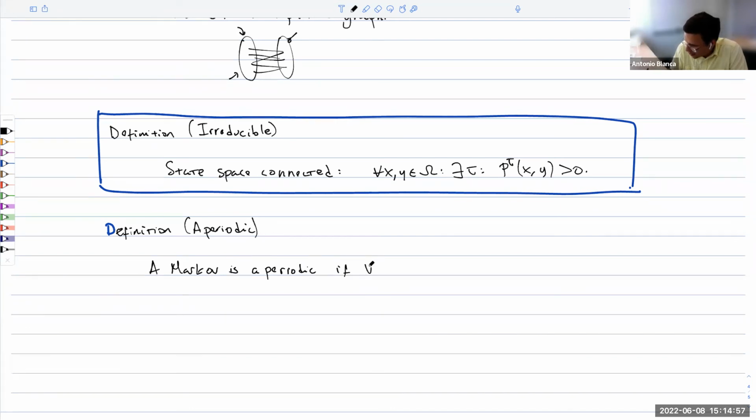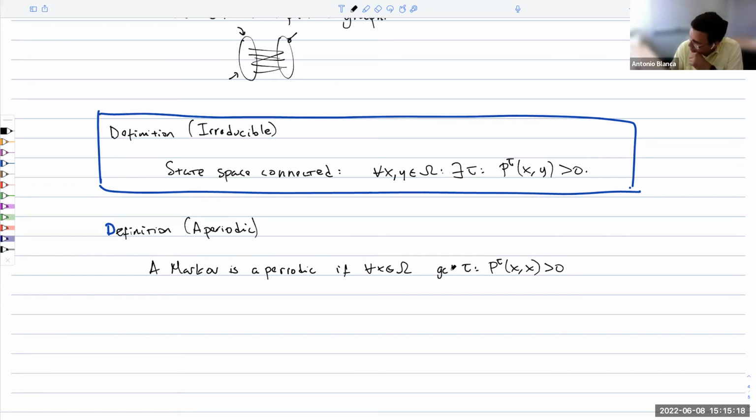if for every x, we consider the set of return times to x, that is the t such that p to the t from x to x is greater than 0. This is the set of all the times that, if I'm at x, I can return to x.